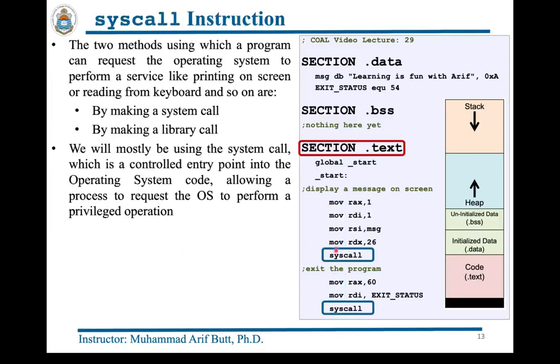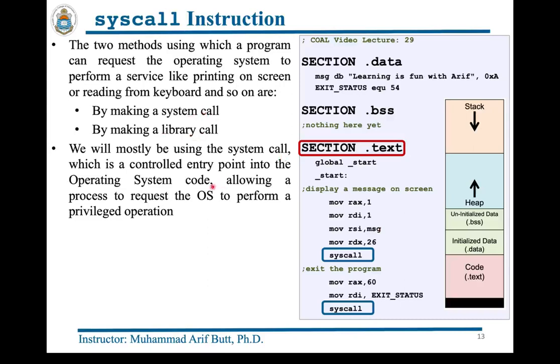Okay, so after the move instruction, we have the syscall instruction in our code. Well, dear students, there are two methods using which your programs can request the operating system to perform a privileged operation or a service like printing a message on screen, as done over here, and maybe reading from the keyboard. This can be done using a system call or maybe a library call.